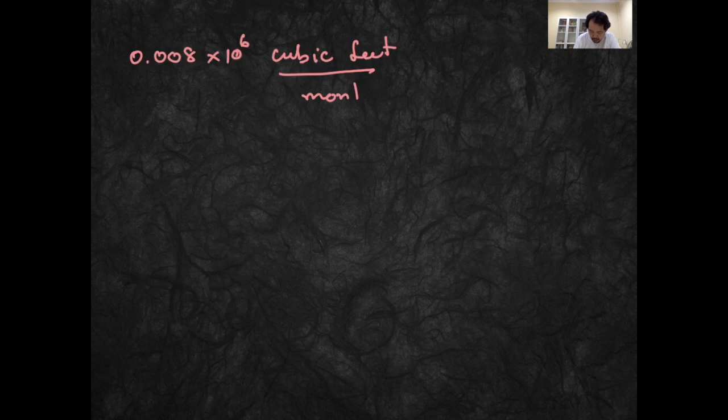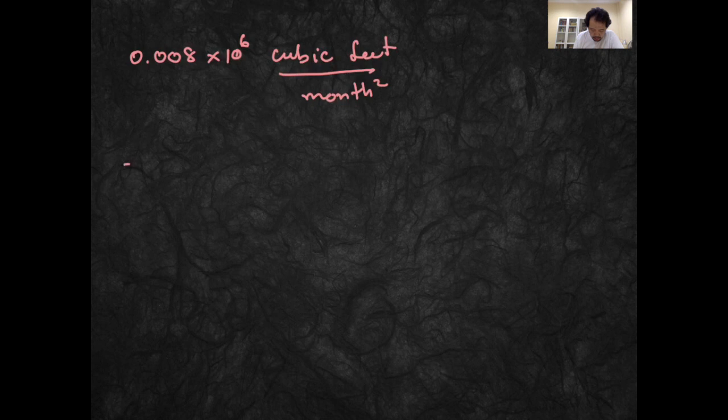The second coefficient is 0.008 times 10 to the 6 cubic feet per month square, right?